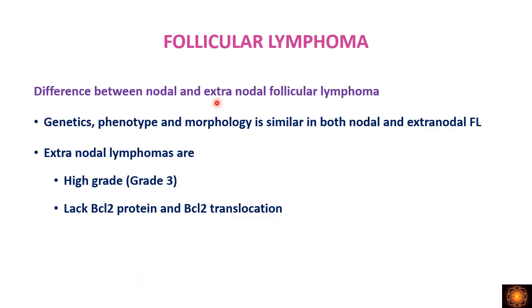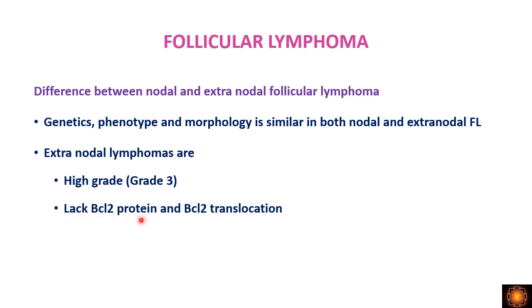The difference between the nodal and the extranodal follicular lymphoma: they are both similar in the genetics, phenotype, and the morphology. Genetics means whatever mutations we have seen, we can see in this also. Only thing is, these lymphomas will not have the BCL2 translocation. They lack this BCL2 protein.